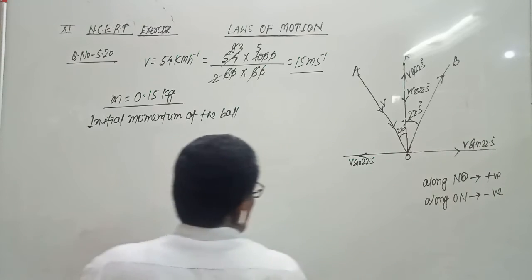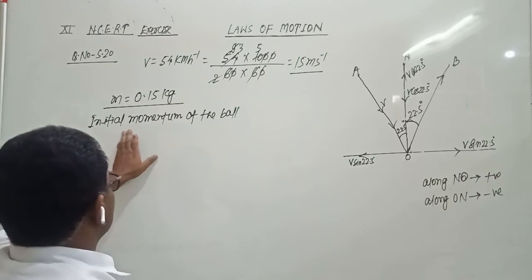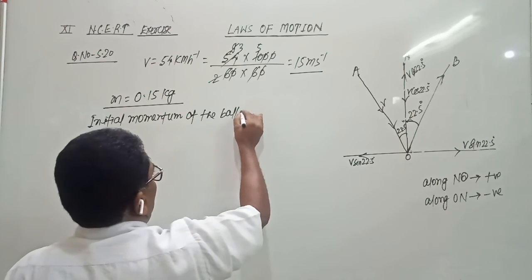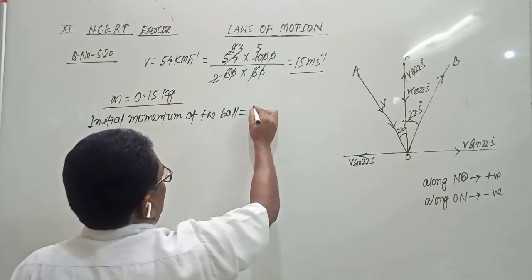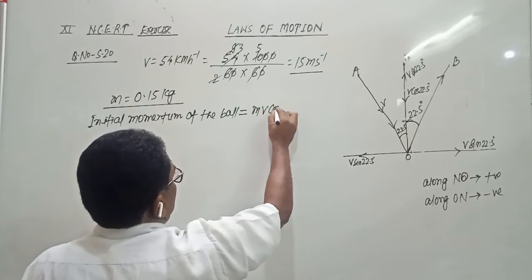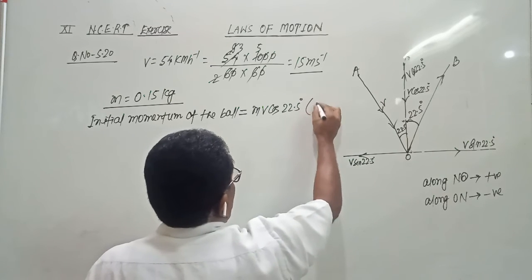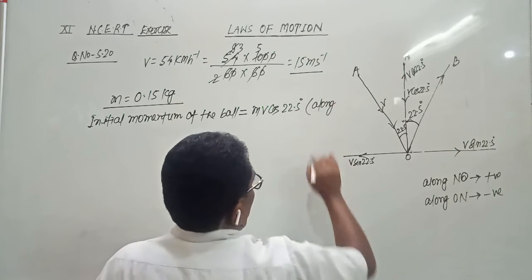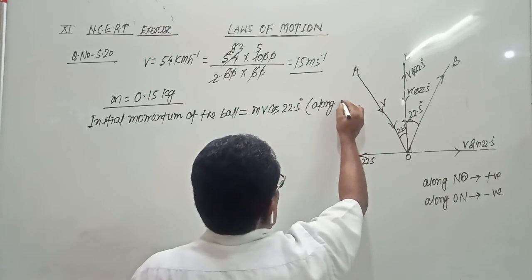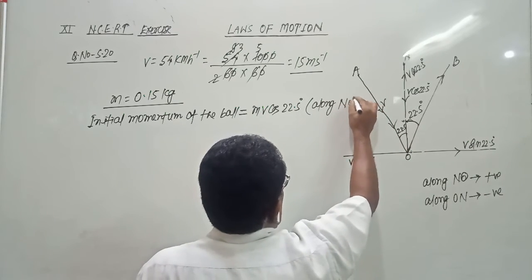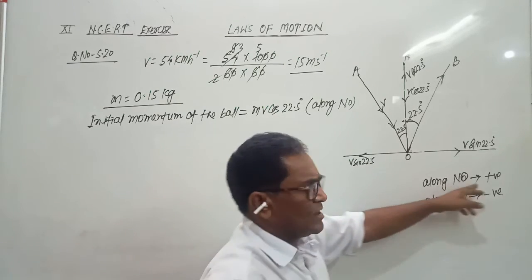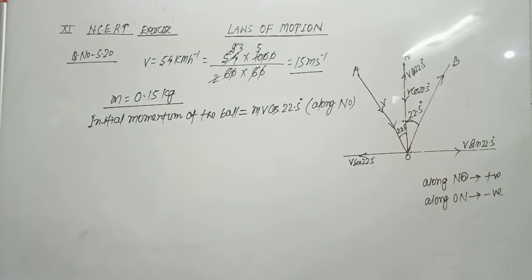So the total initial momentum of the ball is mass into velocity, m V cos 22.5 degree, along NO, which we have taken as positive. This is the initial momentum of the ball. Now the final momentum of the ball.